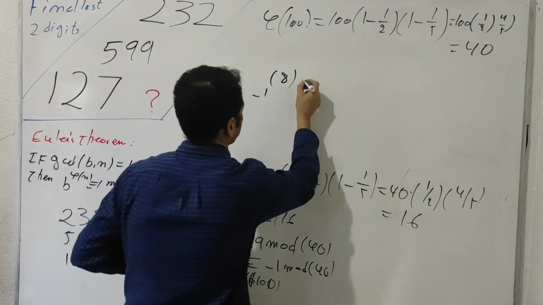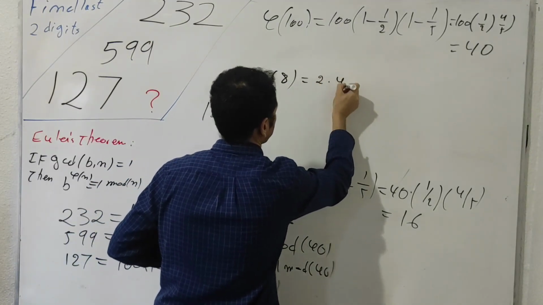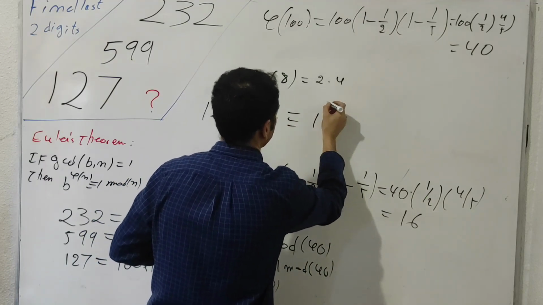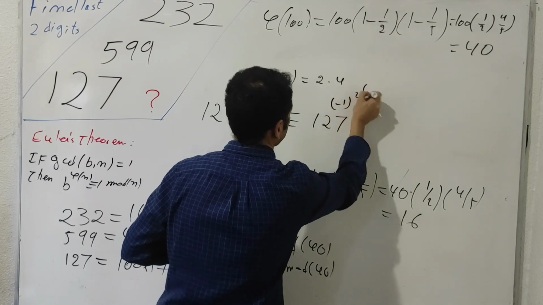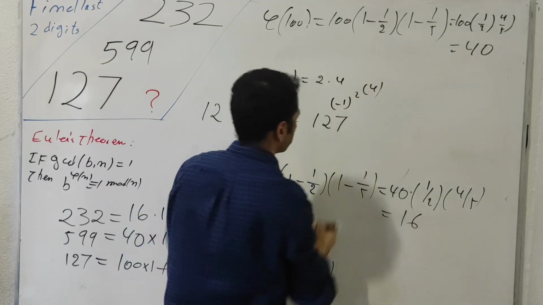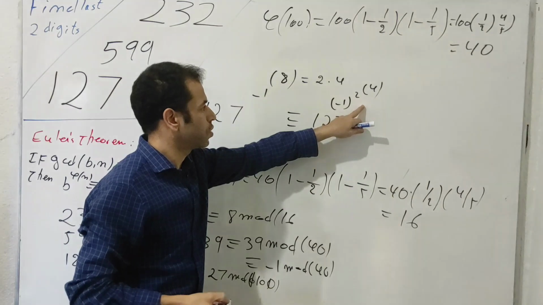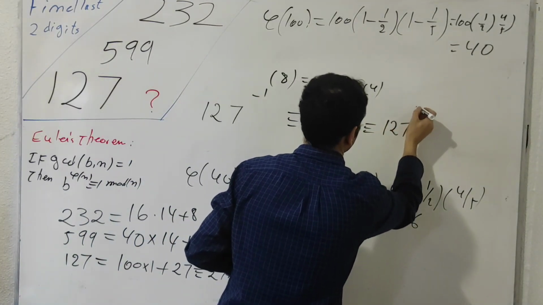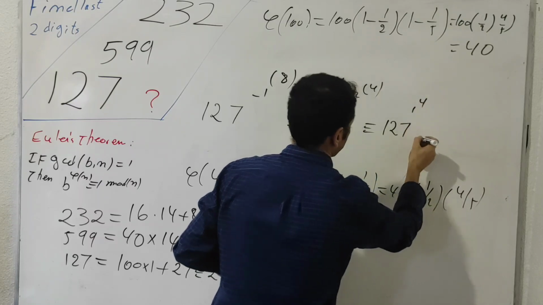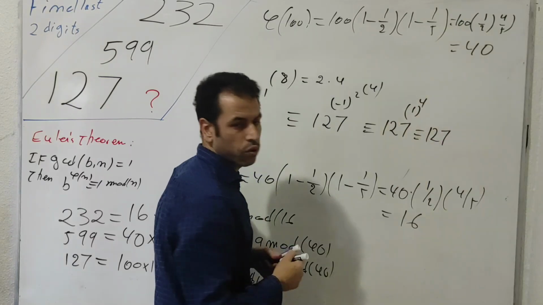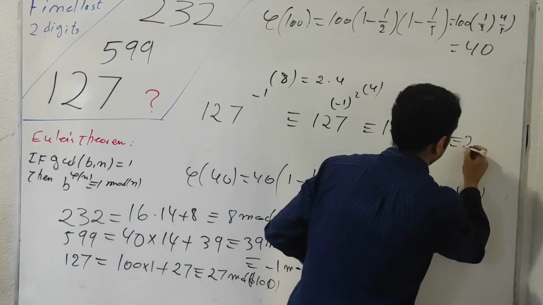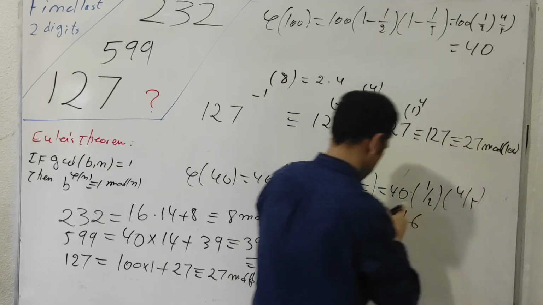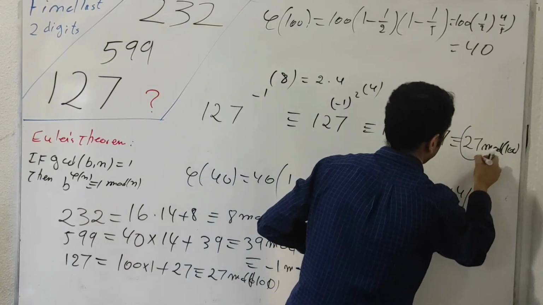I'm going to use the trick here. 8 equals 2 to the 4th. So this one is congruent to 127 to the minus 1 squared to the 4th. Minus 1 squared gives us 1. I have 127 to the 1 to the 4th, which is 127. This 127 is congruent to 27 mod 100. This is the last 2 digits.